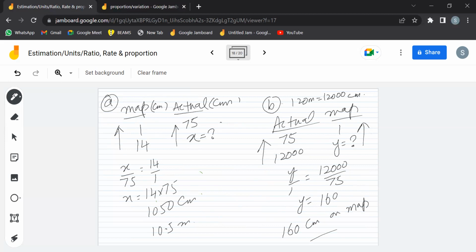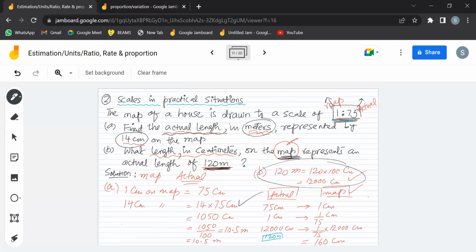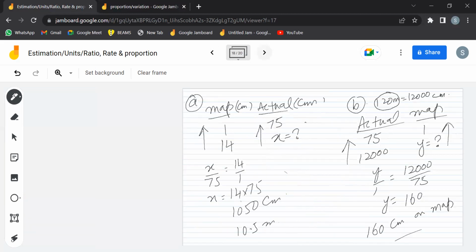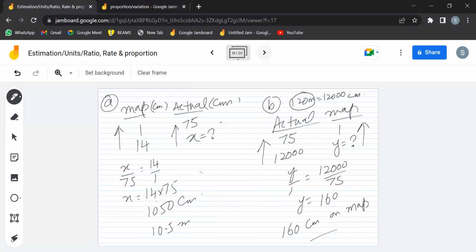So 120 meters actually is 160 centimeters on the map, and yes, the answer was 160. So you can manage all the situations of the rate by using the proportion.